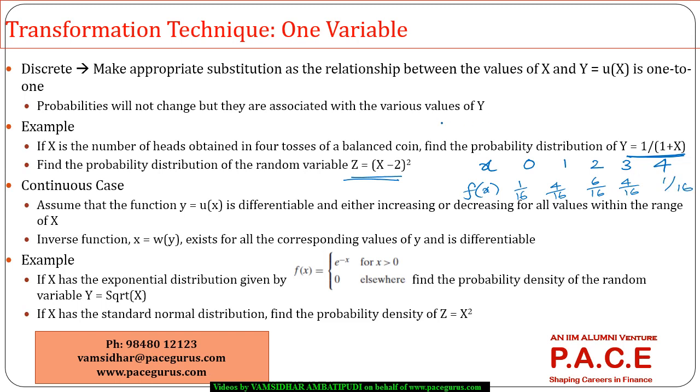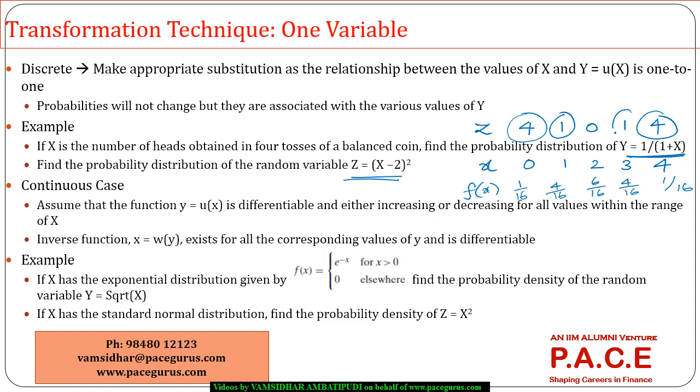Now if you look at z, which is x minus 2 whole square, 0 minus 2 whole squared is 4, 1 minus 2 whole squared is 1, 2 minus 2 whole squared is 0, 3 minus 2 whole squared is 1, 4 minus 2 whole squared is 4.